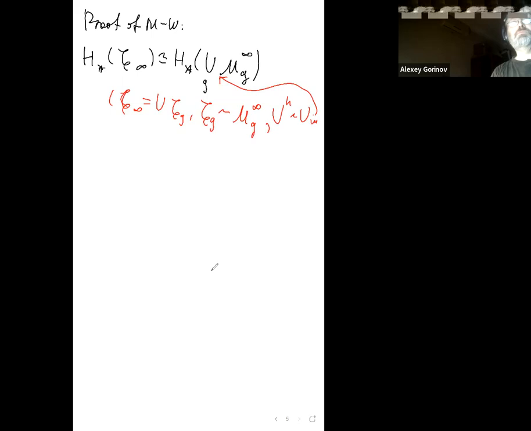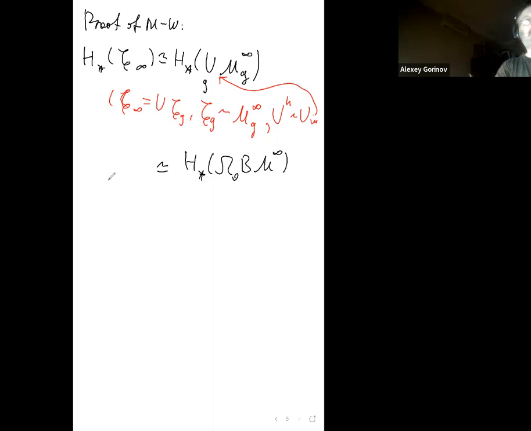Okay, now the next step is to say that the result is the same as omega naught B M infinity. Well, this follows from the group completion theorem.